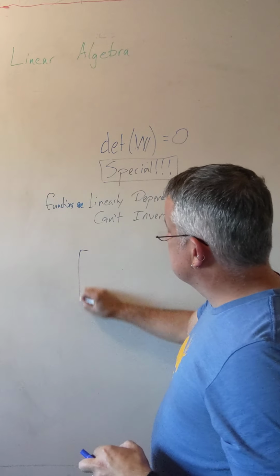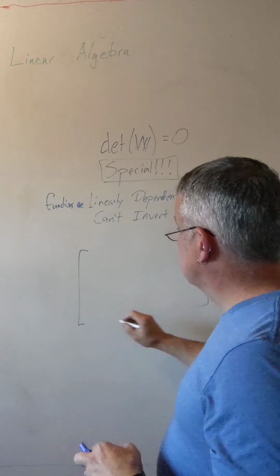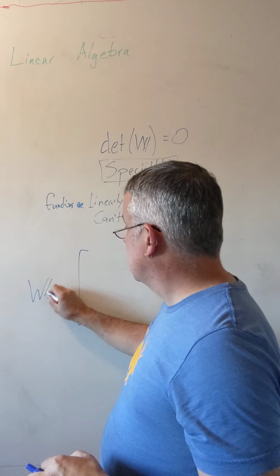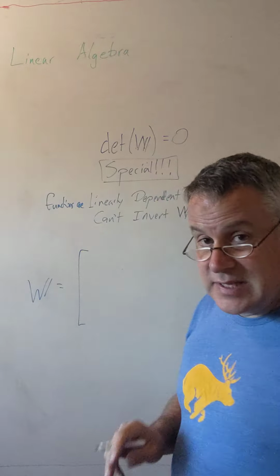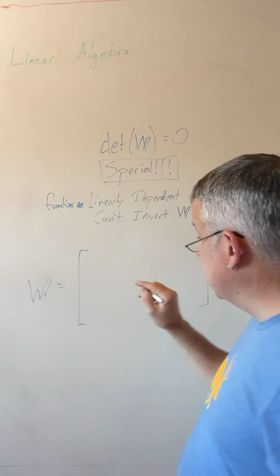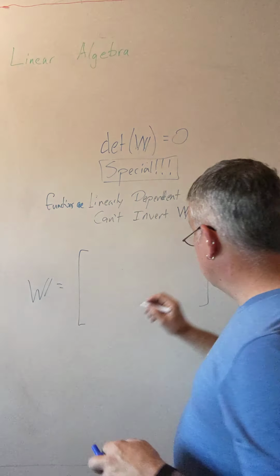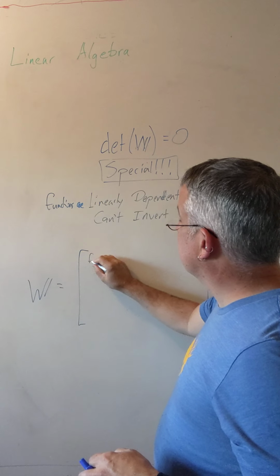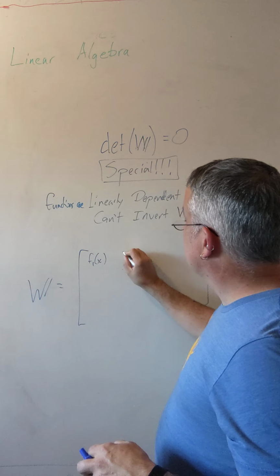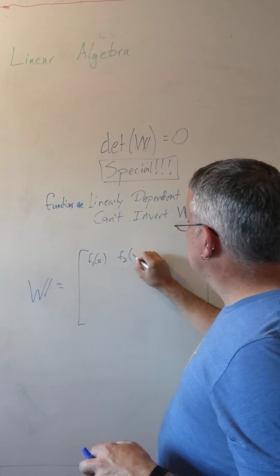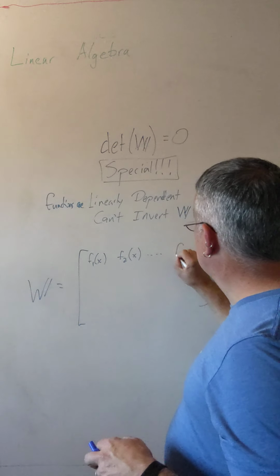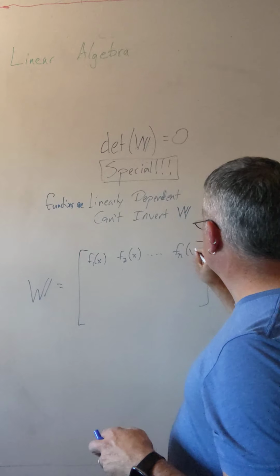So the Wronskian is a matrix which is formed from a set of functions where you take increasingly high derivatives of that function. So let's suppose the functions are function number 1, function number 2, and so on, function number n.